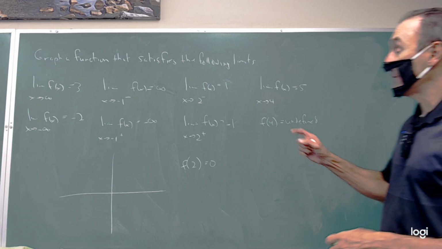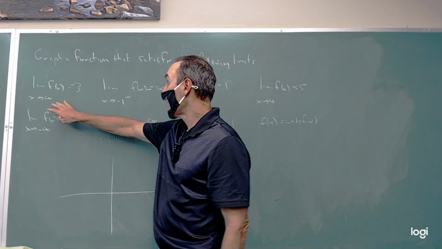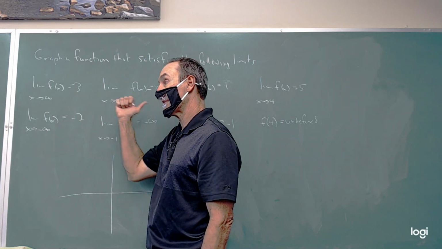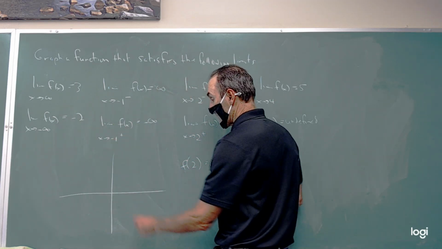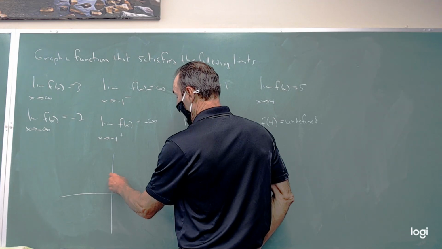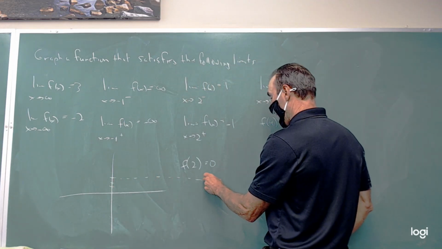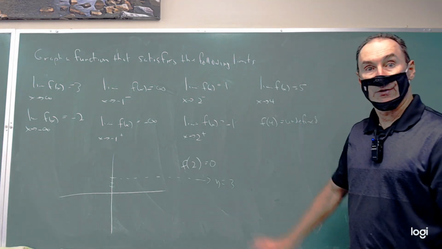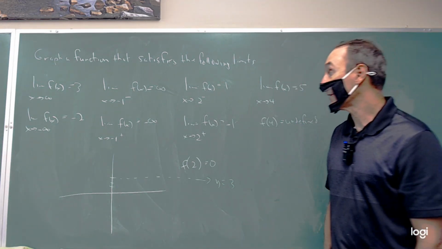Okay, so I'm going to start with these here. So limit as x goes to infinity of f of x is equal to 3 means we have a horizontal asymptote to the right of 3. So I'm going to put that down over here. That's a note that we're going to have to, way out there, approach that horizontal line.